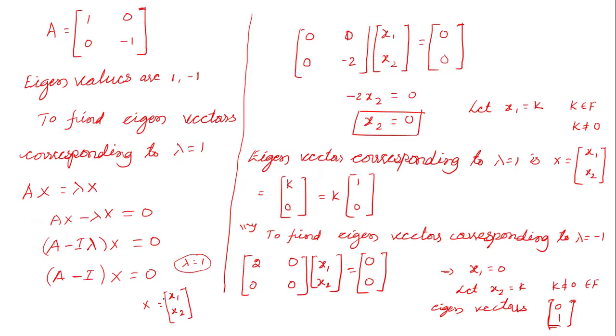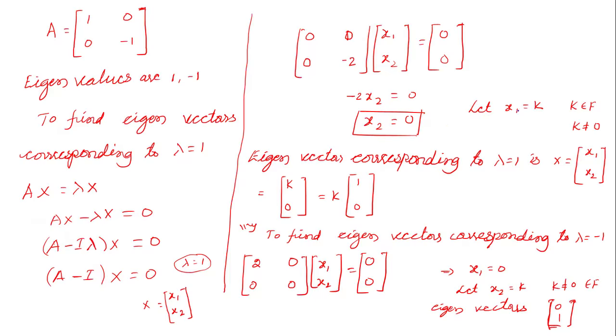Taking vector x1, x2. If we put lambda equal to 1, 1 minus 1 means 0, 0, 0, minus 1, minus 1, minus 2. Then 0, 0. So 2x2 is equal to 0, x2 is equal to 0.